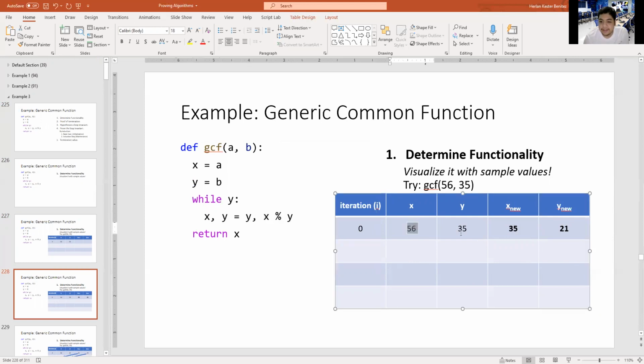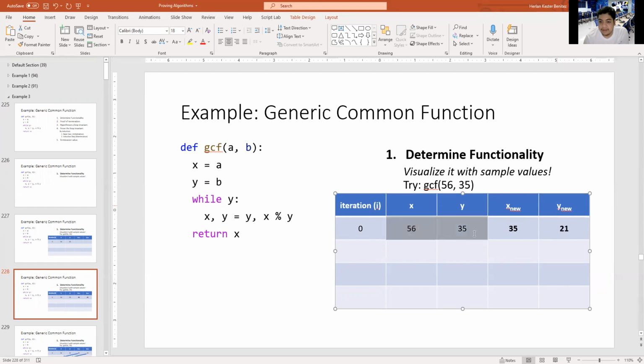So 56 over 35 will just be 1 point something. So kukunin natin pala yung remainder rather, which is 21. So yun yung remainder when we divide 56 and 35.